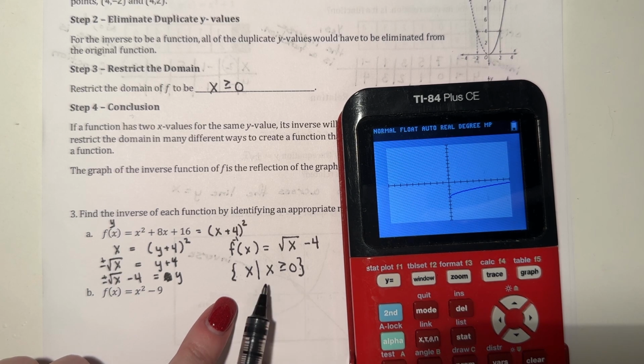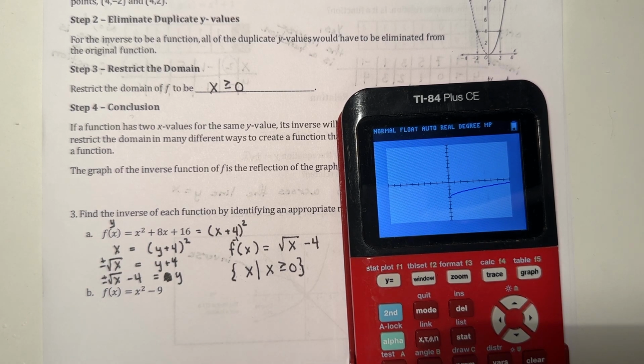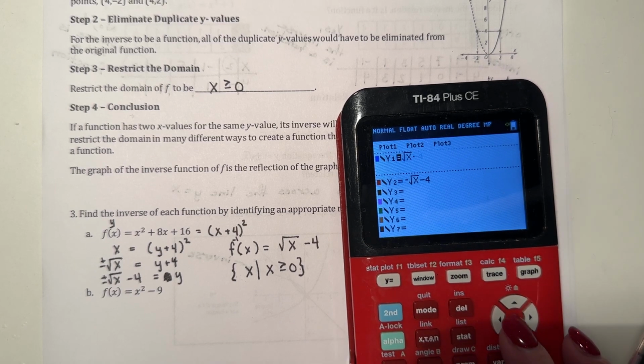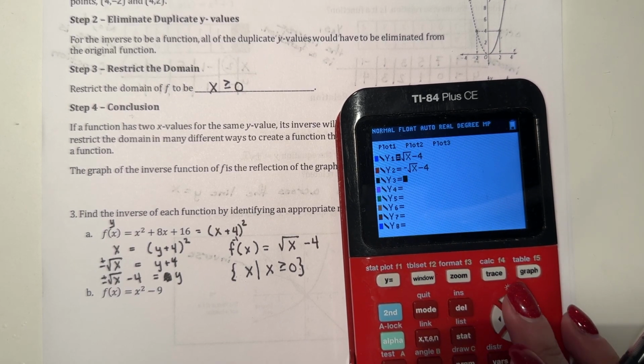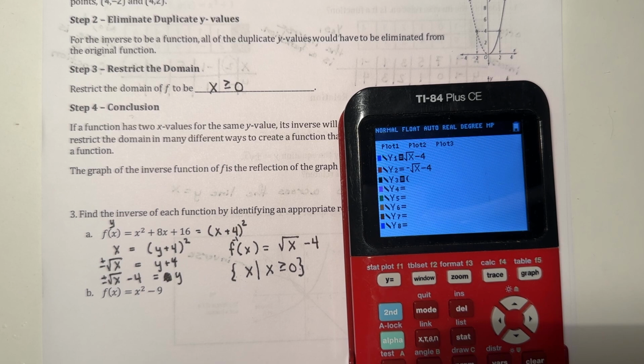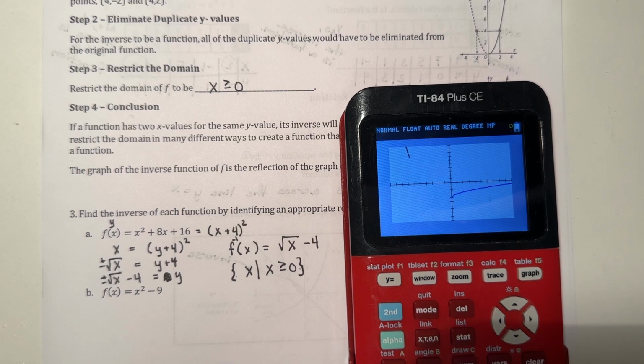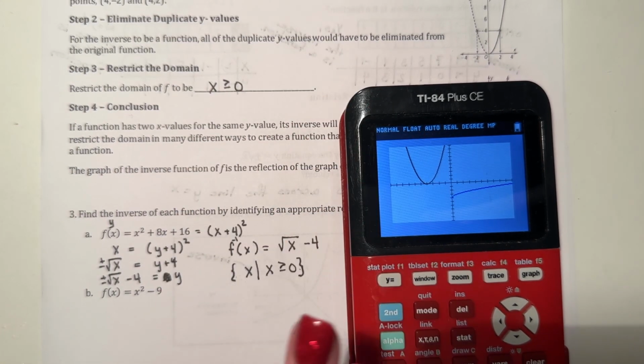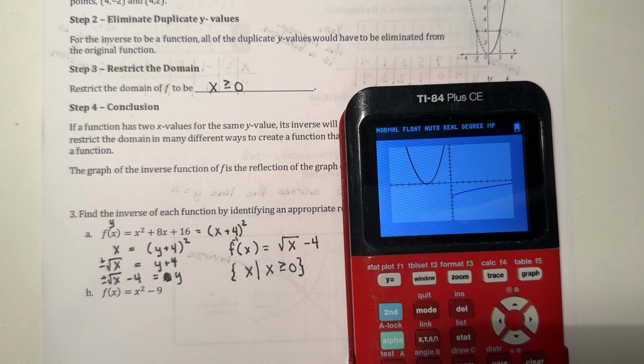How do we decide what our domain is? We decide what our domain is because we go back to our original graph, that little beauty right there, and we get rid of everything that's on the wrong side of it, which are going to be our values of x that would be negative.